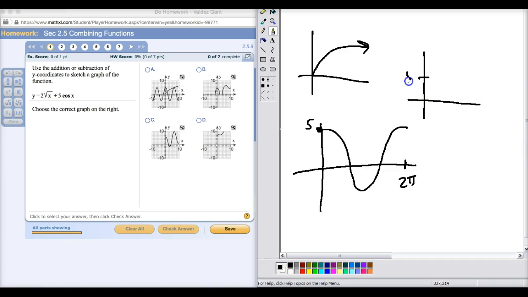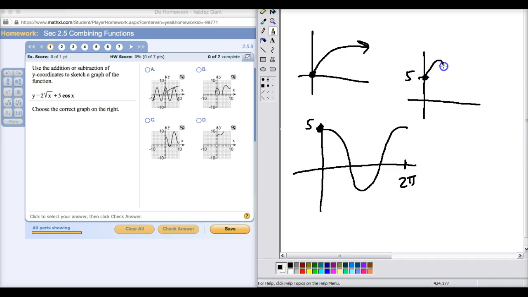So of course we would start off at 5 here, because the y coordinate for the 2 square root of x would be 0. The y coordinate for this would be 5, so 5 plus 0 is 5. So we would start here, and then we would need to slowly move up this way while at the same time vibrating back and forth.